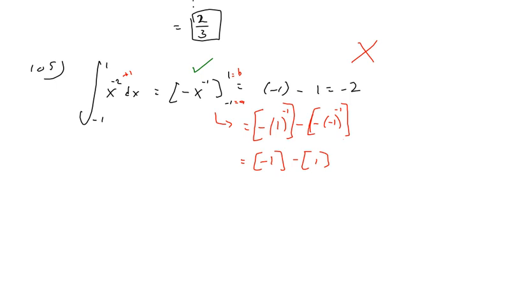Negative first power is 1 over negative 1. That's fine. B minus f of a. Who sees the problem here? Minus negative 1. How do you mean, Paradiso?